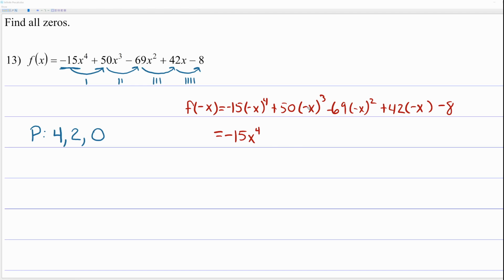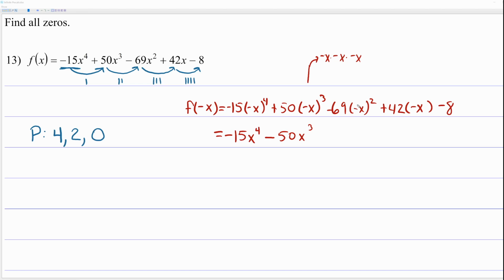However, when we get to the next term, we have negative x times negative x times negative x, because we're raising to the third power. Well, negative times negative times negative is still negative. So we have positive 50 times negative x cubed. So this is negative 50x cubed.